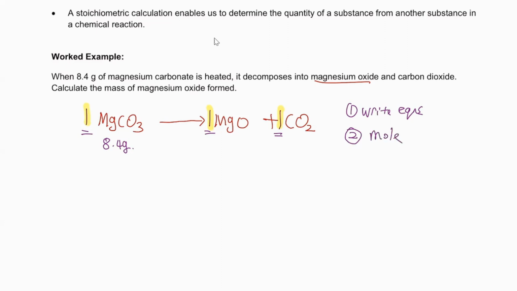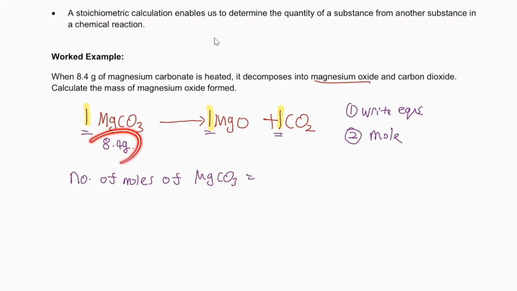That's why I said before that mole is the most important. So I want to find the number of moles of MgCO3. Now, why do I only want to find MgCO3? Why don't I find Mg or CO2? Very simple. Because MgCO3 is the only one whose mass I know, I don't know the rest.